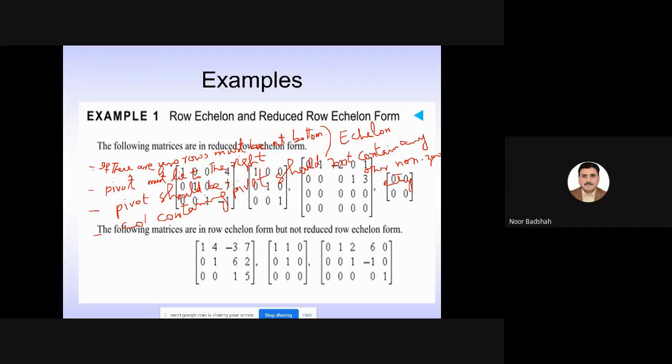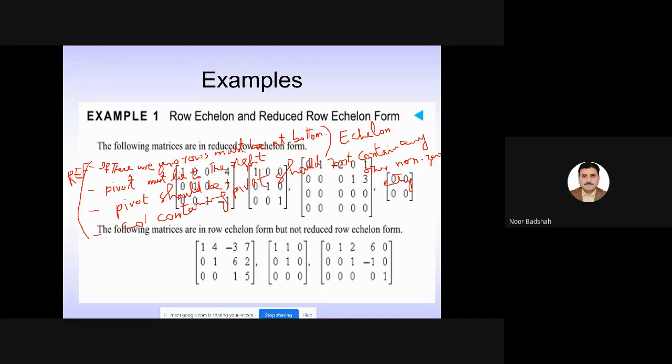Okay, then it becomes a reduced echelon form. Satisfying the first two only, that is echelon, whereas the next two will basically convert that echelon into reduced echelon.